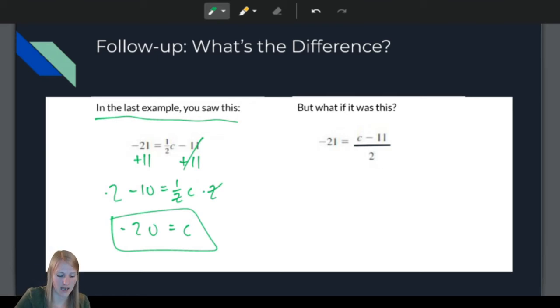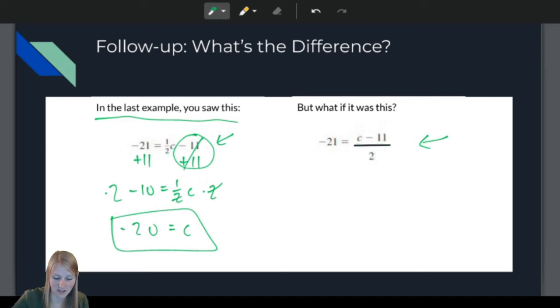Remember how I said that we're going to do the thing farthest away from the variable first. So in this case, we did the minus 11 first. We added 11 to both sides. Well, here, in this example, the minus 11 is closer to the c than this 2 is. This 2 is way further away than the 2 is over here.